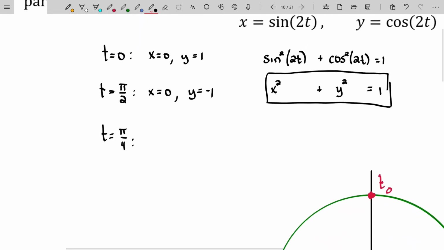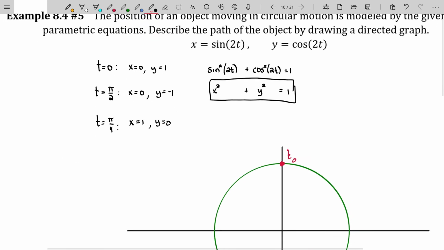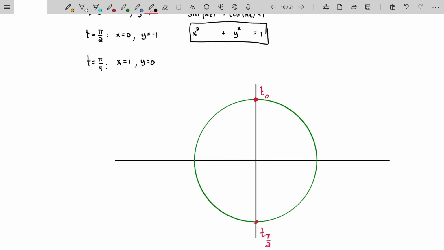At time pi over 4, the sine of twice pi over 4 is the sine of pi over 2, and that would be 1. And the cosine of twice pi over 4 is the cosine of pi over 2, which would be 0. So x equals 1, y equals 0. That would be time pi over 4, which is right here. And so we can see the path of travel is this way.